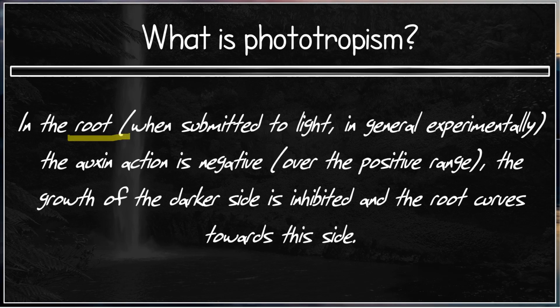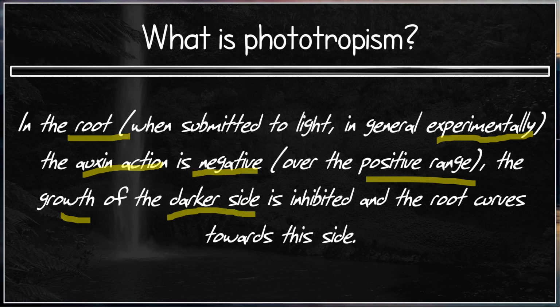In the roots, when submitted to light in general experimentally, the auxin action is negative over the positive range. The growth of the dark side is inhibited and the root curves towards this side.